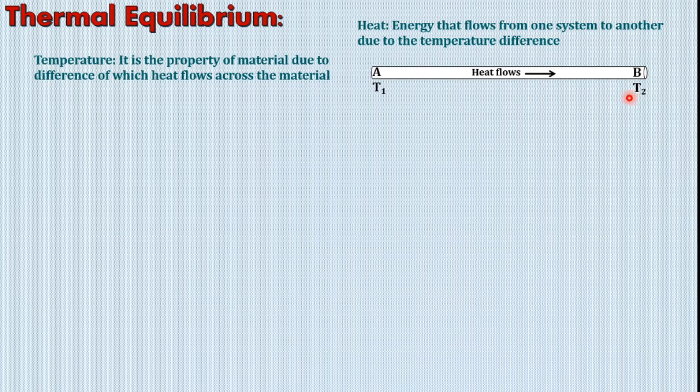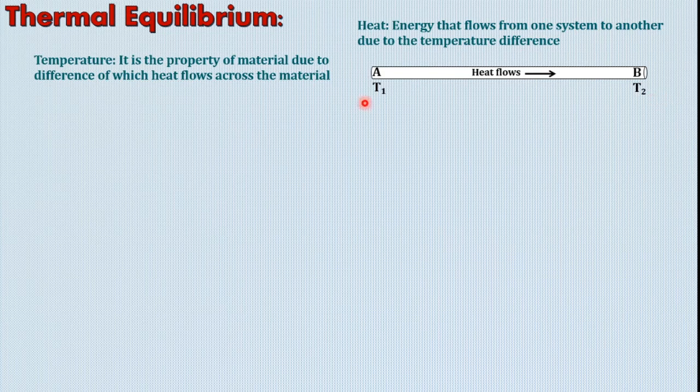What does it mean? Some kind of energy flows across this rod from end A to end B, that is from higher temperature to the lower temperature. So the kind of energy that flows across the rod is called heat. Temperature is the property of this rod, and heat is energy flowing across the rod due to temperature difference.